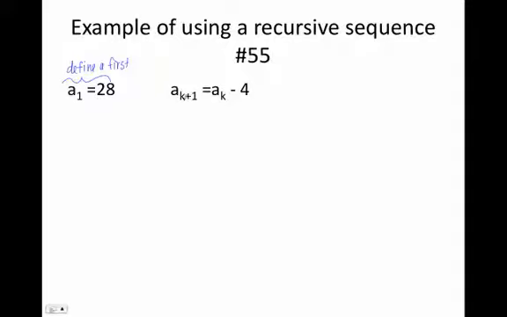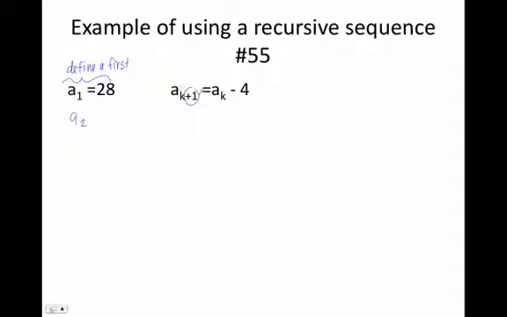Then what I want you to notice here is if I wanted a sub 2, in order to get the next term, this plus 1 is indicating that you can take and get a next term. And note that they change n interchangeably. Sometimes they use j, sometimes they use k. Here they're using k.